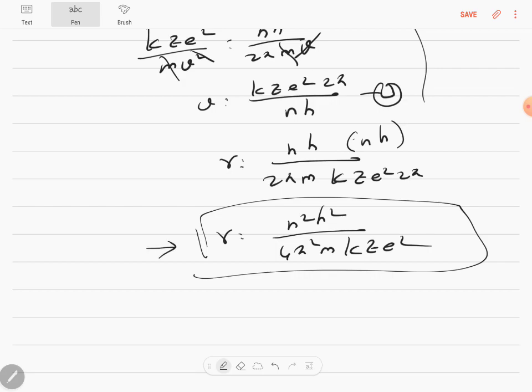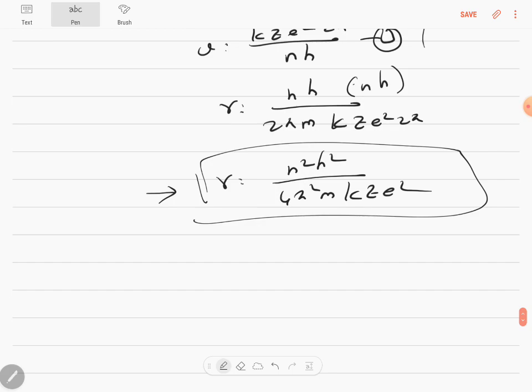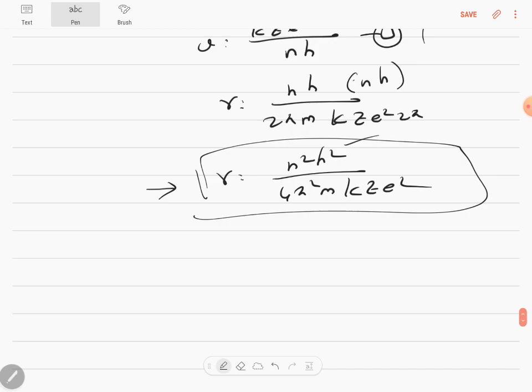Supposing, in the formula r is equal to n square h square by 4 pi square m k z e square, you should know that for a hydrogen atom, h is Planck's constant, 4 pi square is a constant, and k is also 1 by 4 pi epsilon, which is a constant, correct?